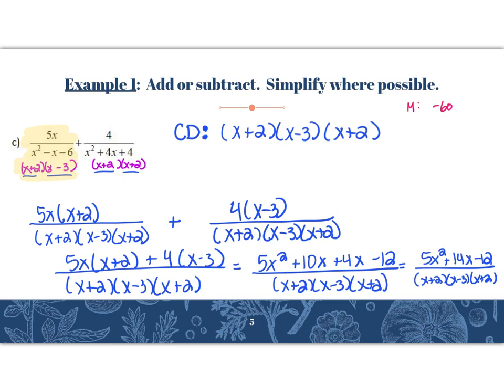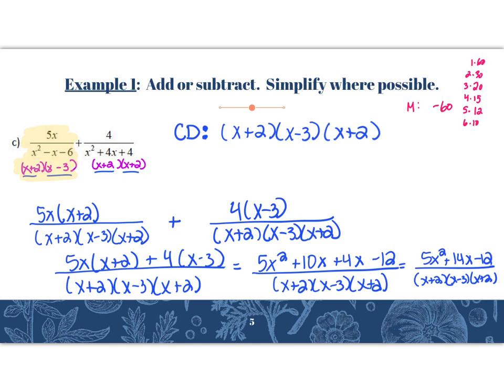Well, let's think about this. What do we got? 1 and 60, 2 and 30, 3 and 20, 4 and 15, 5 and 12, 6 and 10.